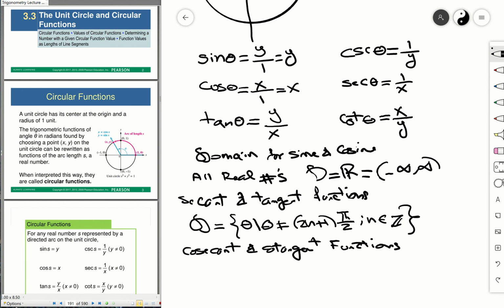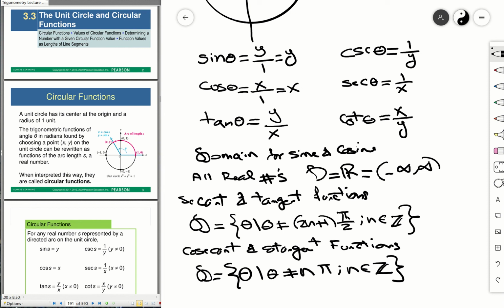So for these two, the domain, meaning the values of theta that are okay to use, are any value of theta as long as theta does not equal n pi for all n belonging to the set of integers. So this way we are removing all multiples of pi.